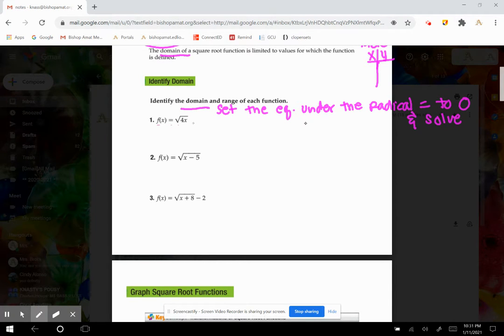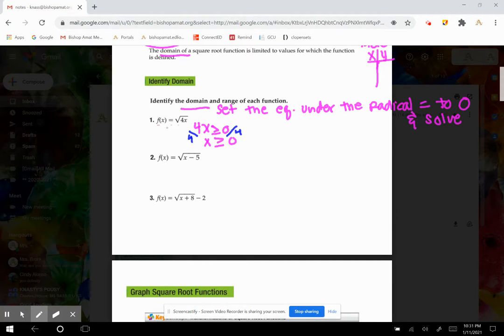For example, 4x has to be greater than or equal to 0. And then x is greater than or equal to 0, when you divide both sides by 4. Okay, so this has to be greater than or equal to 0. Remember, we don't want a negative number underneath there. Again, we do not want a negative number underneath there.